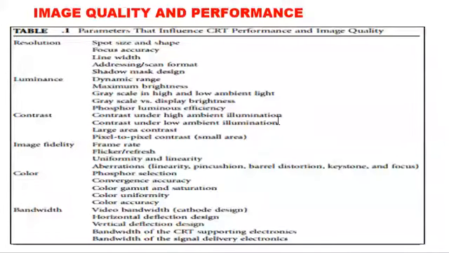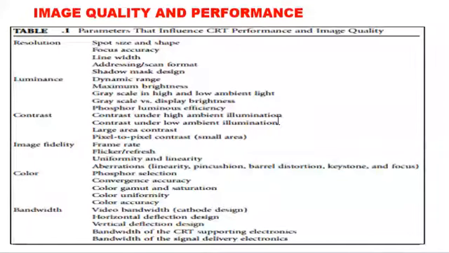Now, what parameters do we consider to know the quality of the image formed by a CRT? One of them is the resolution, another one is luminance, the next one is contrast, image fidelity, color, and the bandwidth. And each of these 6 is determined by some parameters.